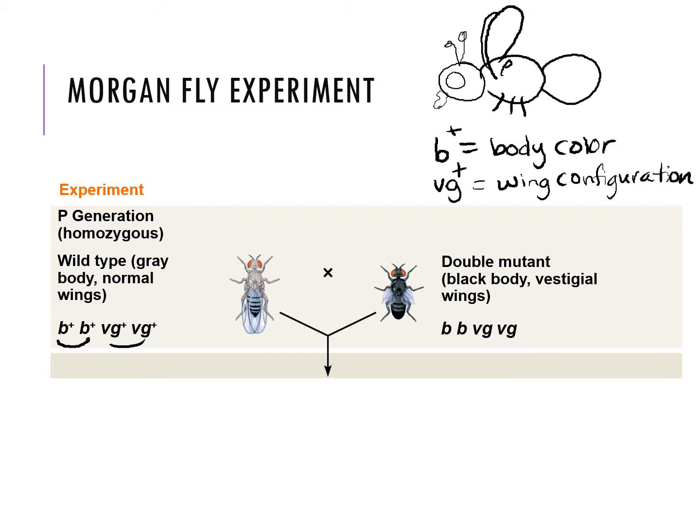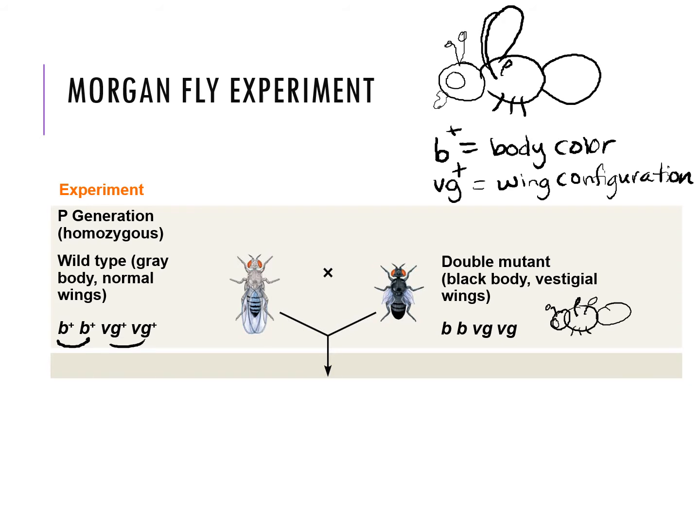So this mutant has a black body, so it gets bb for its genotype, and it has vestigial wings. So that means that if we're looking at the thoracic cavity here, instead of having a pair of flight wings and a pair of halteres, they're going to have two pairs of halteres. So these are going to be flightless black fruit flies.